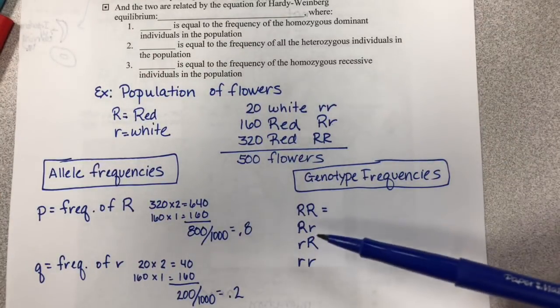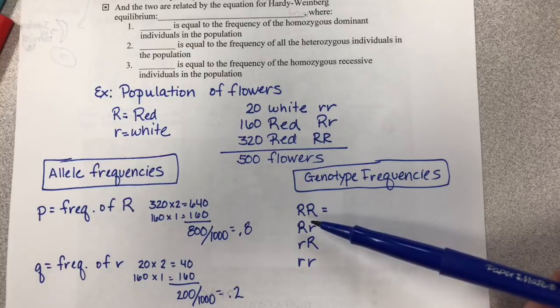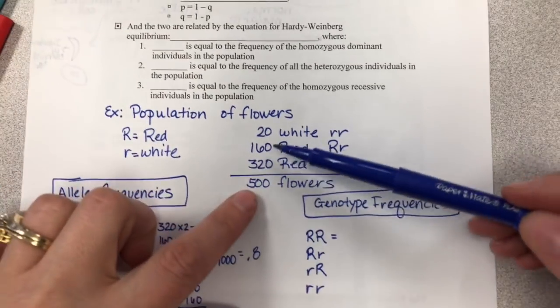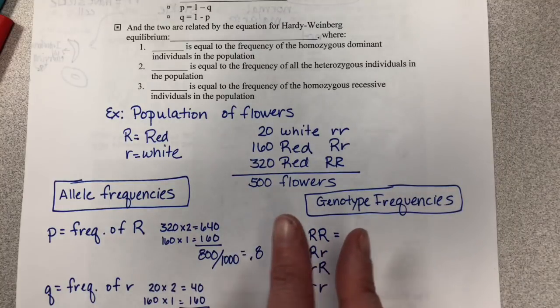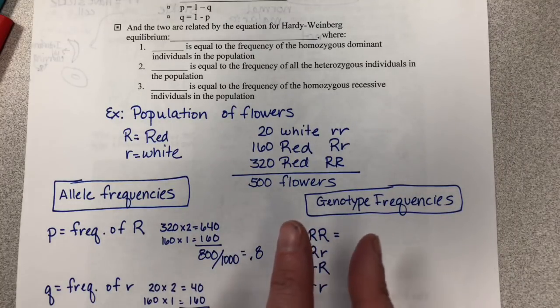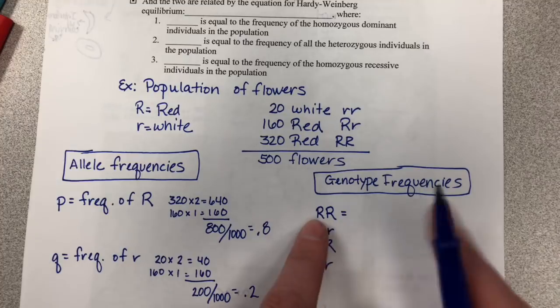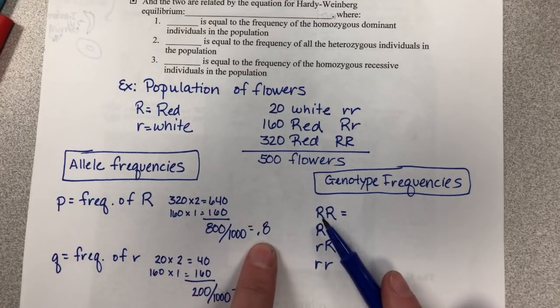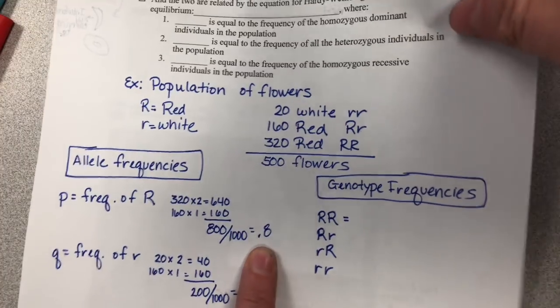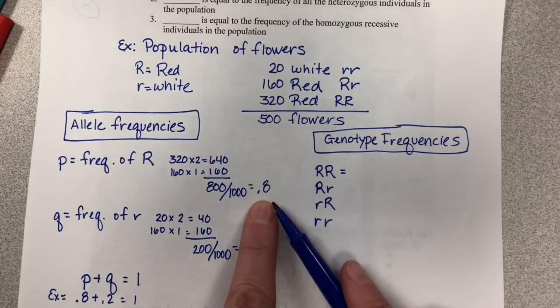So in this whole population, what's the chance that a big R is going to meet up with another big R to have a baby that's big R, big R? Well, what's the frequency of a big R in the population? 80% or 0.8.